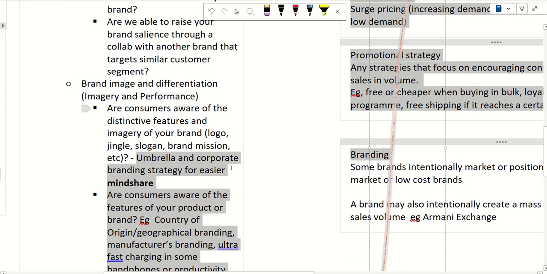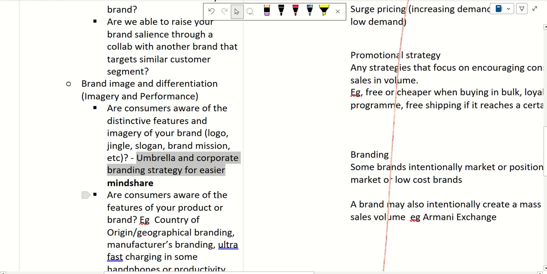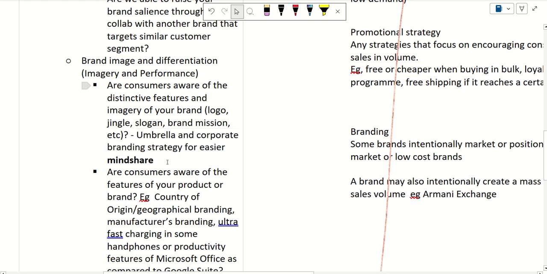So definitely if you use an umbrella or corporate branding strategy, it's easier. If you cannot remember what they are, just look at the slides and then you will see. Easier for what? There's this keyword that I use here. It's called mindshare. What is mindshare? In a day, we are bombarded by many, many different brands, many different messages, even many hours of lessons.